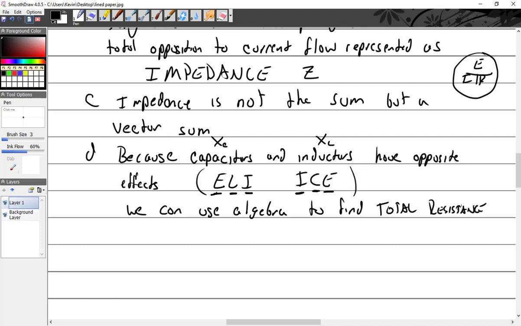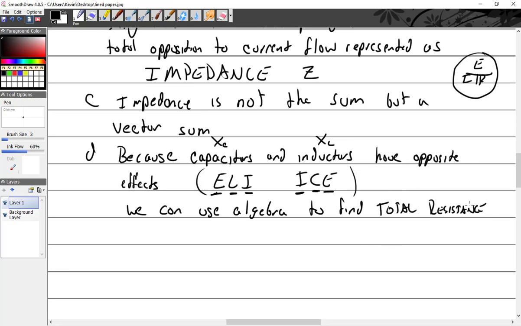I don't know if I really want to write total resistance. I kind of want to scratch that out and put impedance. But no, actually, I know where I'm going with this. Let's just leave it at total resistance.